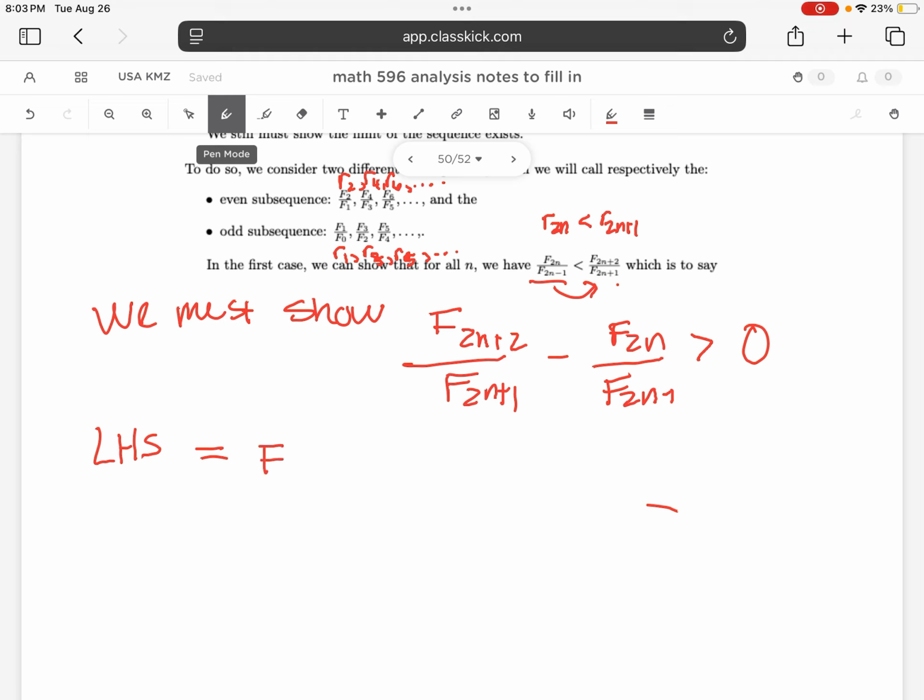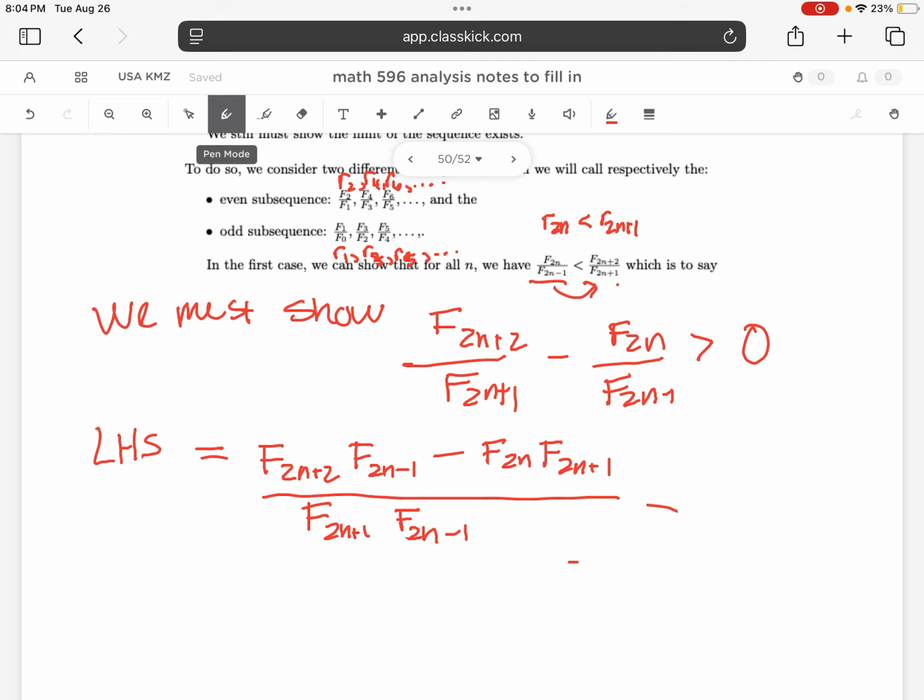So multiplying the first fraction on the top and the bottom by f2n minus 1 gives us f2n plus 2 times f2n minus 1. Multiplying the second fraction on the top and the bottom by f sub 2n plus 1, we'll have f2n times f2n plus 1, all divided by that common denominator of f2n plus 1 times f2n minus 1.